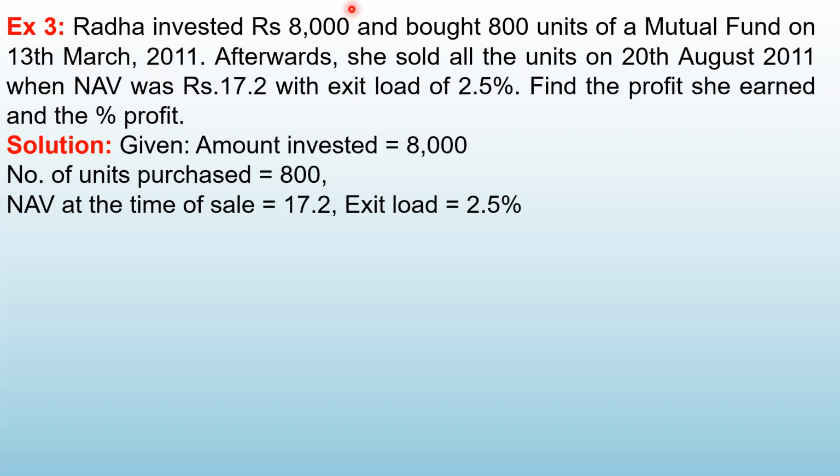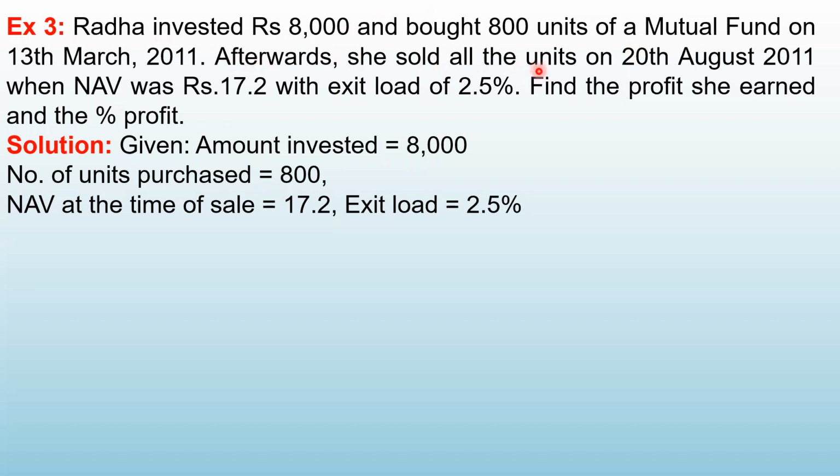Read the question. Radha invested ₹8,000. So what is given to us? Amount invested is given, that is 8,000. And she bought 800 units of the mutual fund, so the number of units purchased is 800.